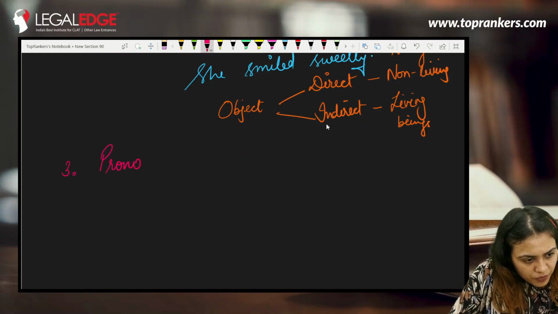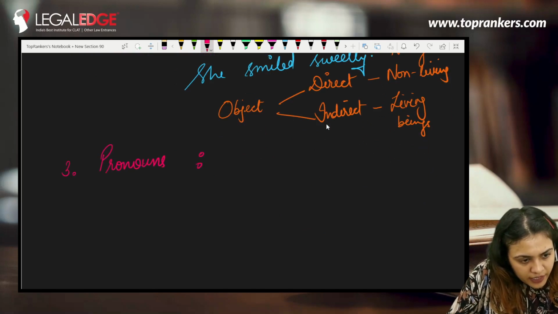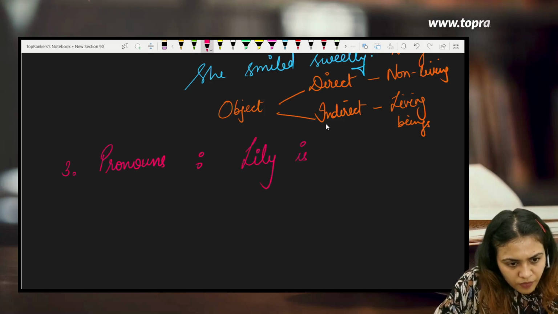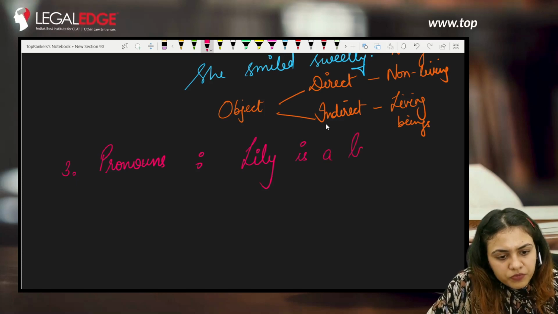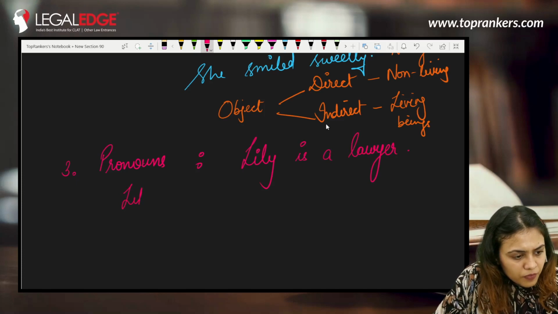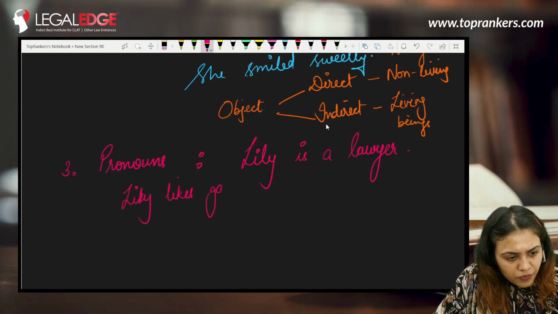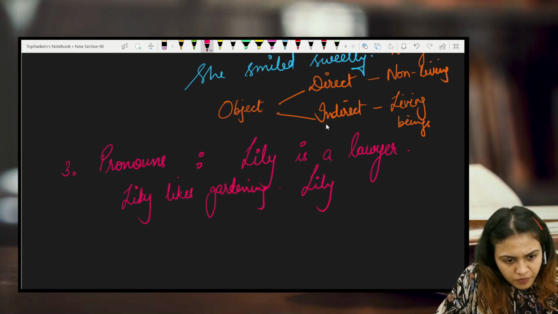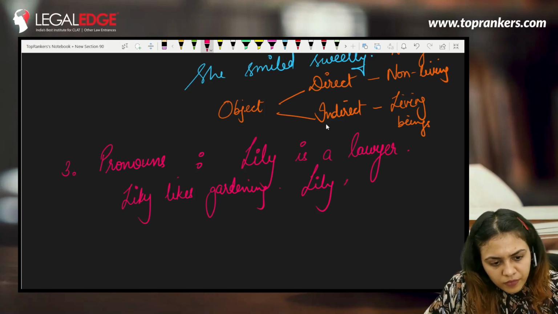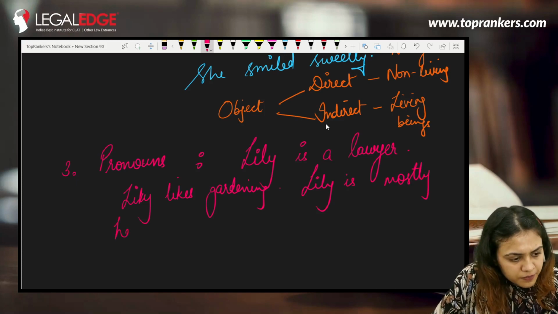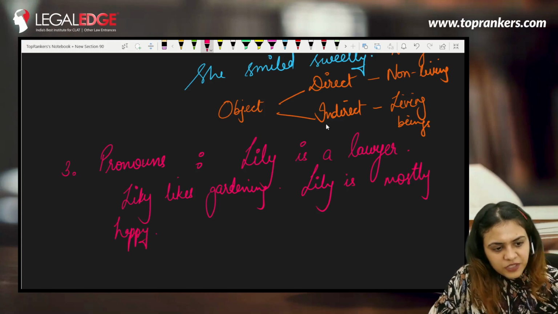pronouns. Let's see one sentence. Yes, can you see it?